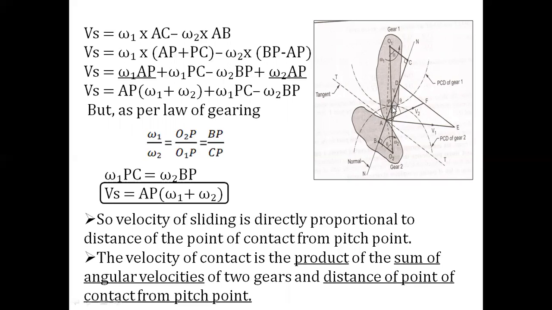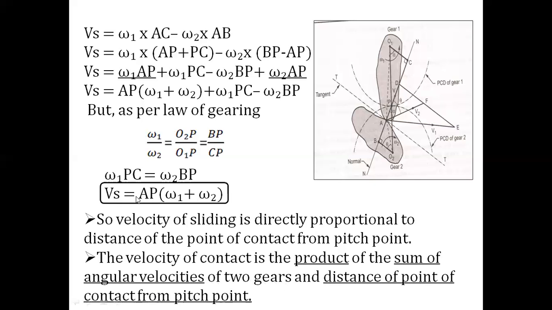P is the pitch point and A is the point of contact at a particular location, at a particular rotation. In other words, we can say that the velocity of sliding is the product of the sum of angular velocities omega 1 plus omega 2 of the two gears and the distance of the point of contact A from the pitch point, AP.